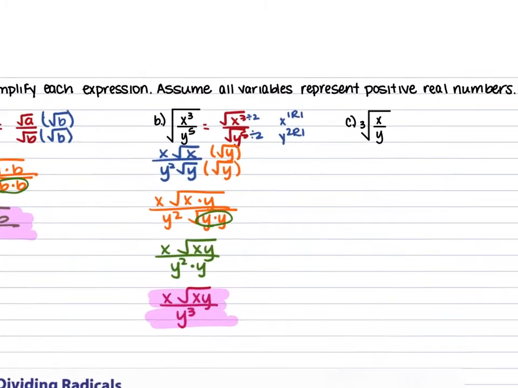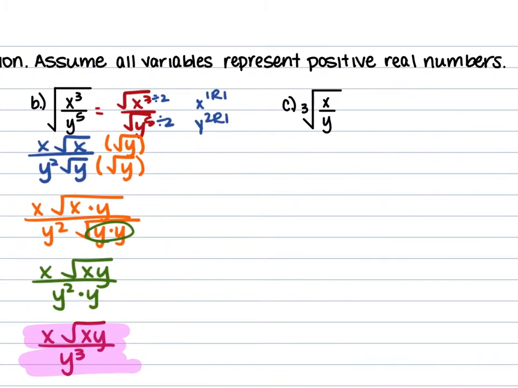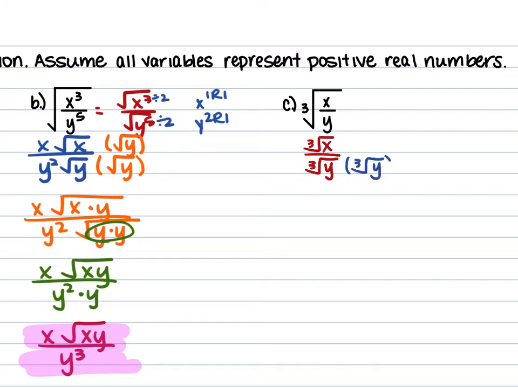For example C, we have the cube root of x over y. So again, we have the same thing as saying the cube root of x over the cube root of y. We're going to multiply the top and the bottom by the cube root of y times the cube root of y.